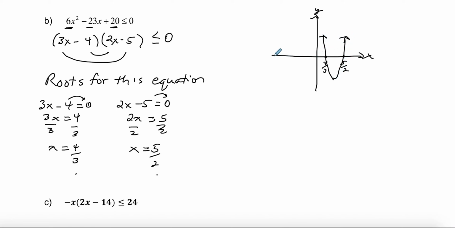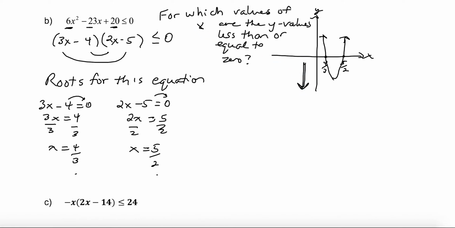x-intercepts. This is asking me, though, and this is what's very important: for which values of x are the y values of the function less than or equal to 0? Vertically, where is this parabola less than 0? So what I see when I look at that, where is this graph less than 0?